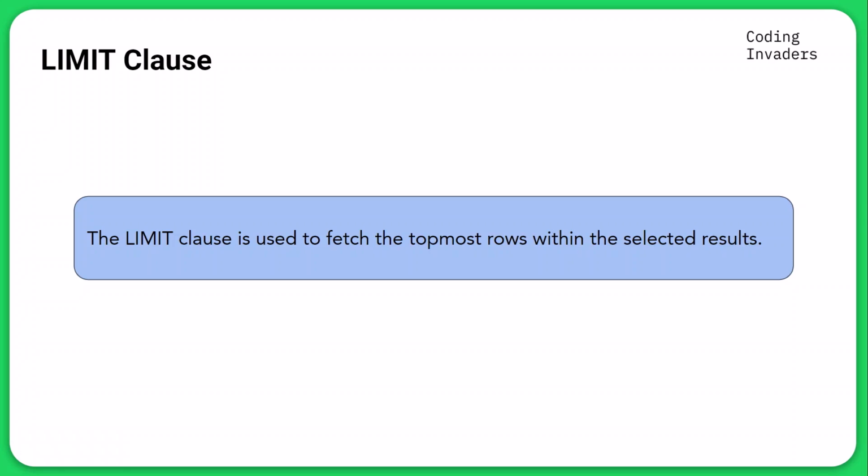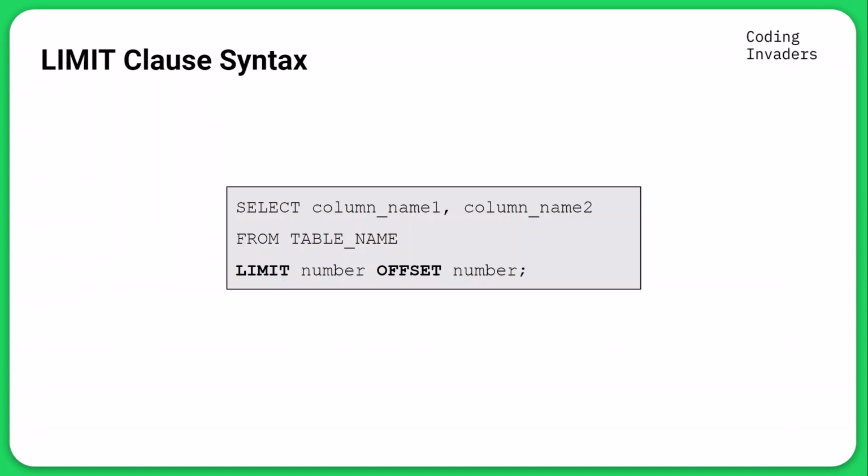To summarize, limit helps in fetching the topmost rows within the selected results. Usually, limit helps in checking a sample of data based on your query. So let's generalize the syntax: select column name 1, column name 2 from table name, limit number, offset number. We write our query as normal with the select statement referring to the data from a certain table.